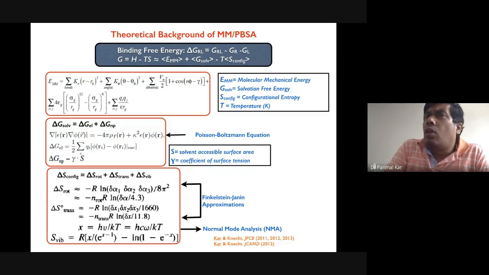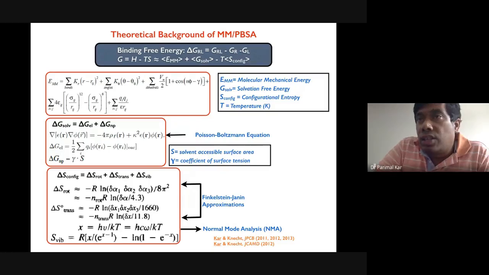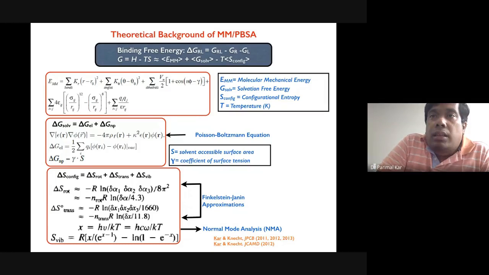That part is basically non-polar, also the hydrophobic effect, or the dispersion term. That you take into account by the non-polar solvation free energy, which, again, we treat in a heuristic manner here. We say that the non-polar solvation free energy is estimated by multiplying the solvent accessible surface area with the surface tension coefficient.